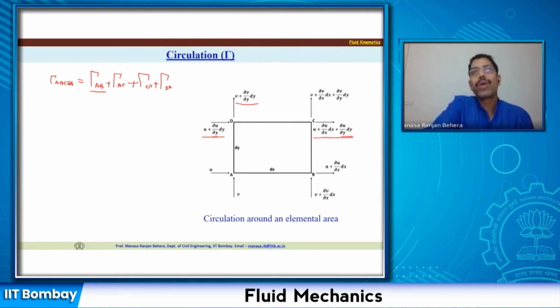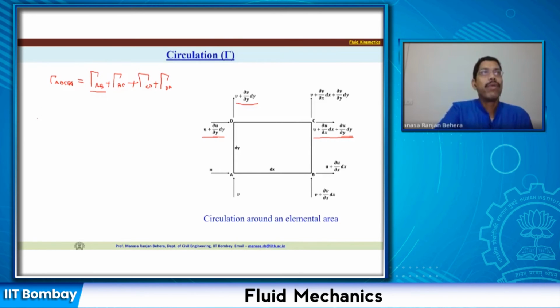So if we want to calculate the circulation along AB, what do we need to do? We need to take the integration of the velocity over that line segment. So what is the velocity along the line AB? It is u.